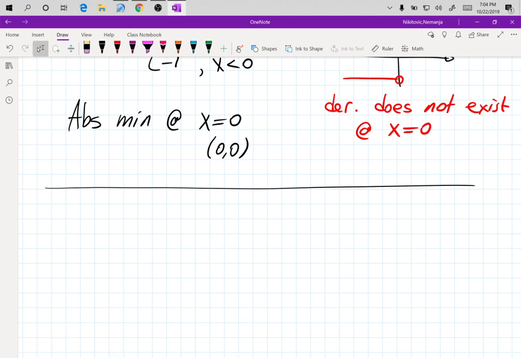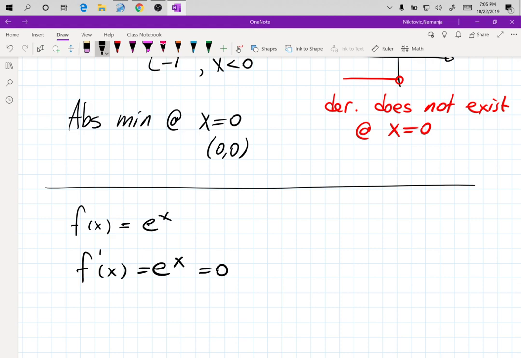Now we are going to take a look at f of x equal e to the x function. What's the derivative of e to the x? Very good. And when I set that equal to 0, what do I get? It doesn't exist. Very good. You can't do square root.